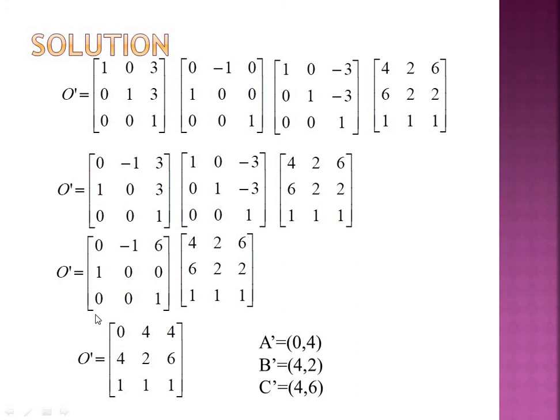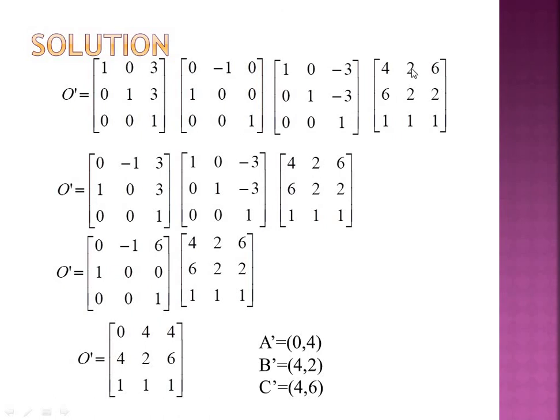So here in the first column we have put the vertex A, 4, 6. The original coordinates of vertex A were 4, 6, and now the final coordinates, A dash, are 0, 4.